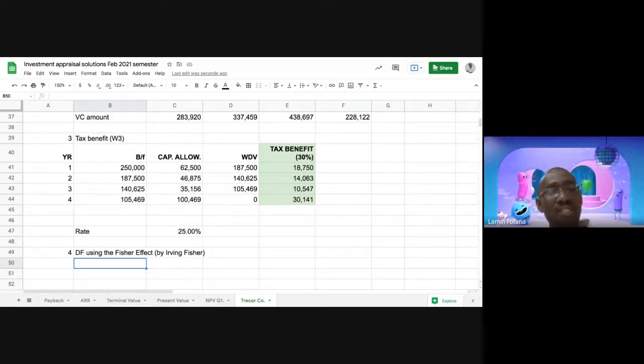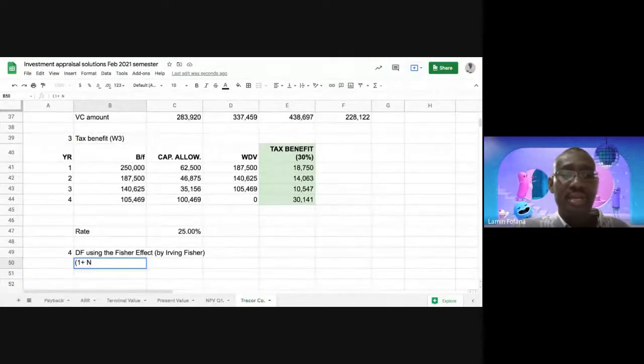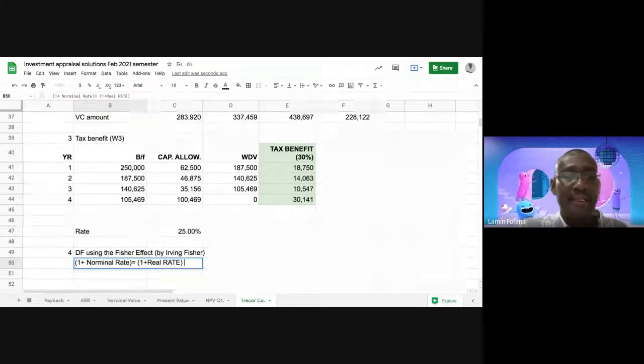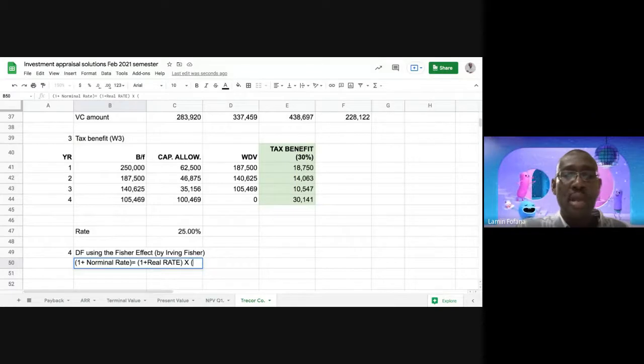So what does this say? It says 1 plus nominal rate equals 1 plus real rate multiplied by 1 plus inflation rate.